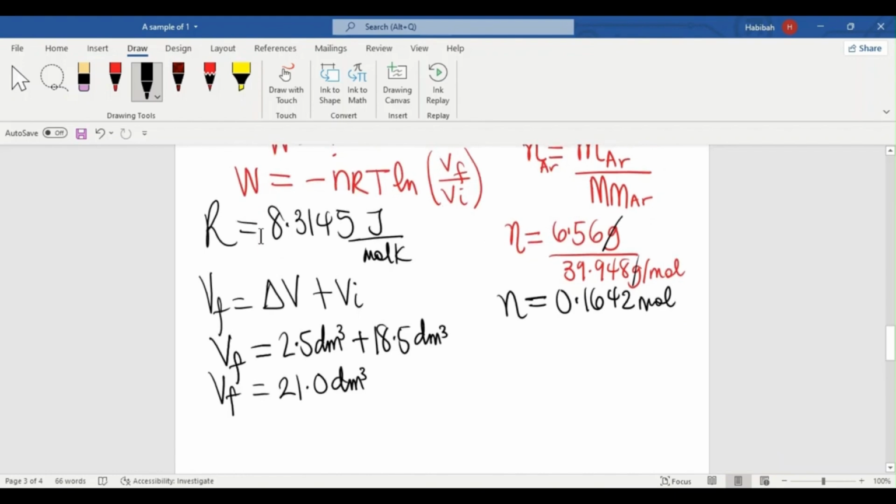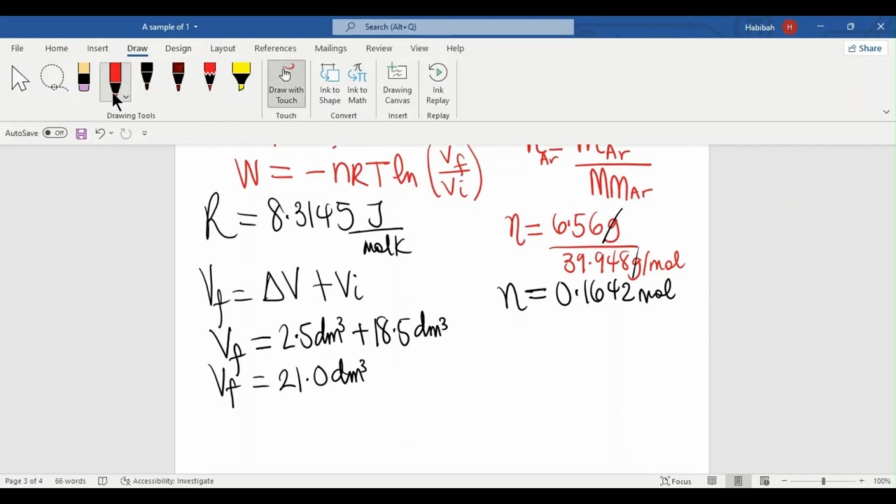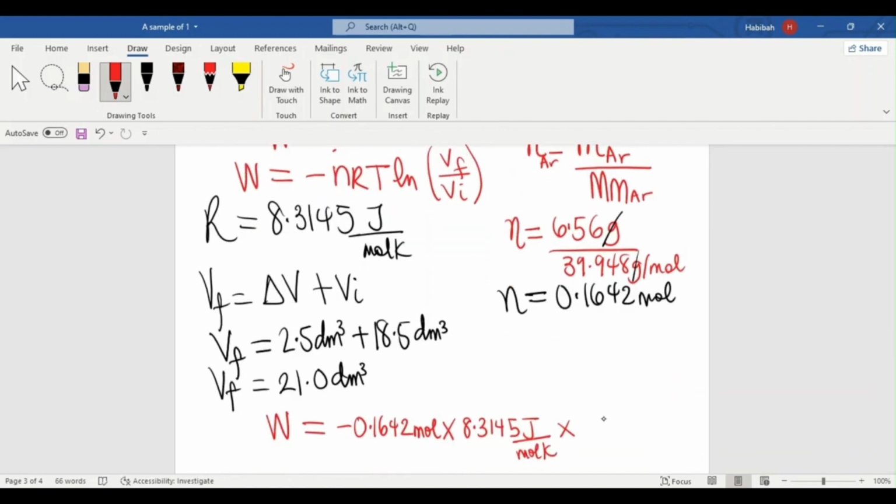Now, the last thing we have to do is, since we have the number of moles, the V final, the V initial, the temperature, and the gas constant, we can just substitute. And that's basically how you solve a question like this. So W equals negative 0.1642 mole times R, which is 8.3145 joule per mole Kelvin, times temperature, which is 305 Kelvin, times ln of V final divided by V initial.